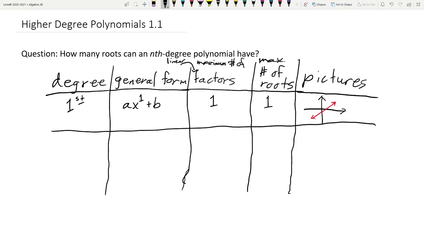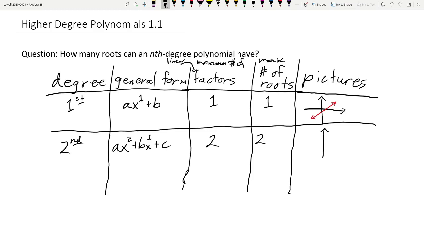If I have now a second degree polynomial, we have something that looks like this: ax squared plus bx to the first plus c. Now we know that this could have two factors, because that's what we know about factoring quadratics. And this will end up being 2 here, and therefore it could have two x-intercepts or two roots.